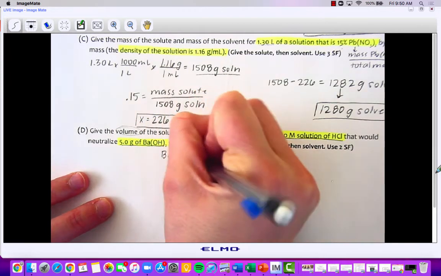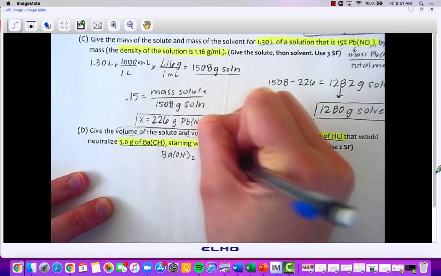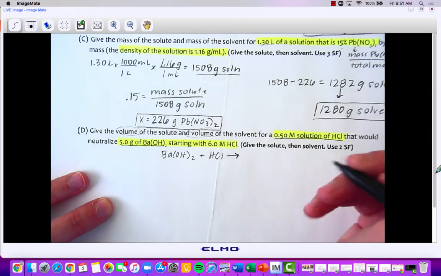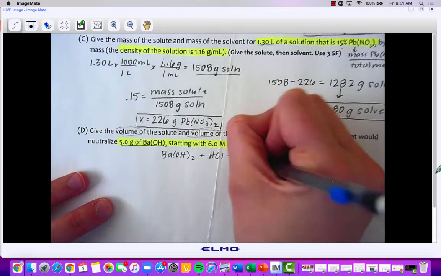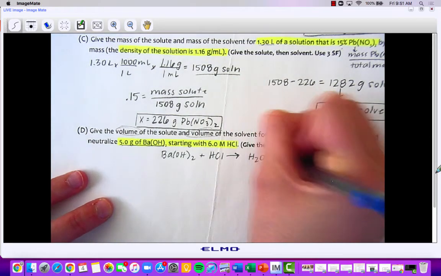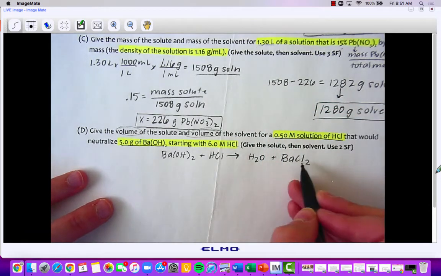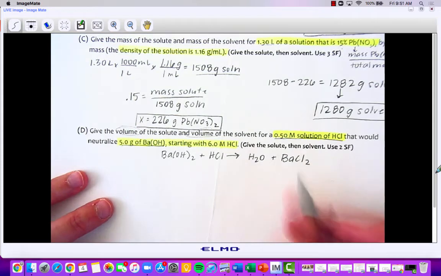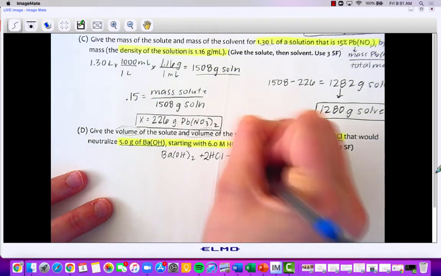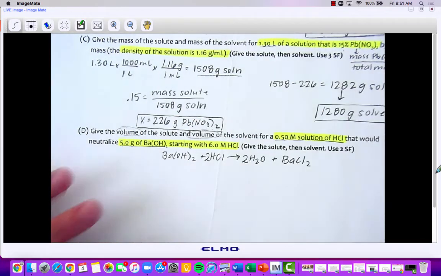Barium hydroxide plus HCl. This is an acid-base reaction. We get H2O, barium chloride, because barium is +2, chlorine is -1. So here's our balanced equation. Balanced equation is useful because, again, neutralization means stoichiometry.